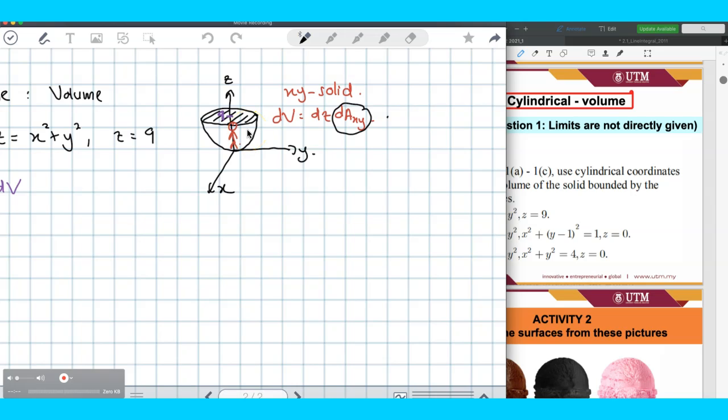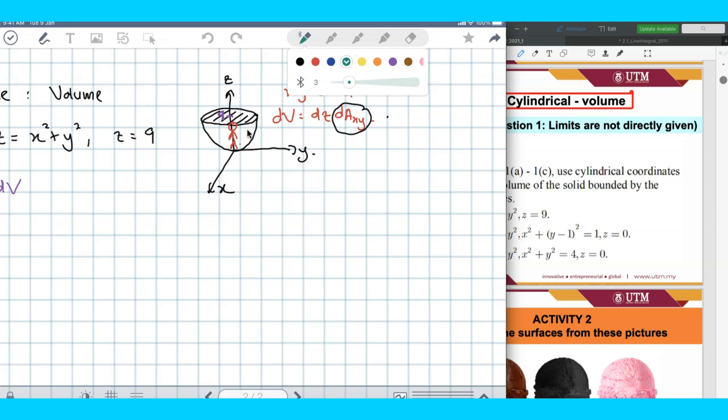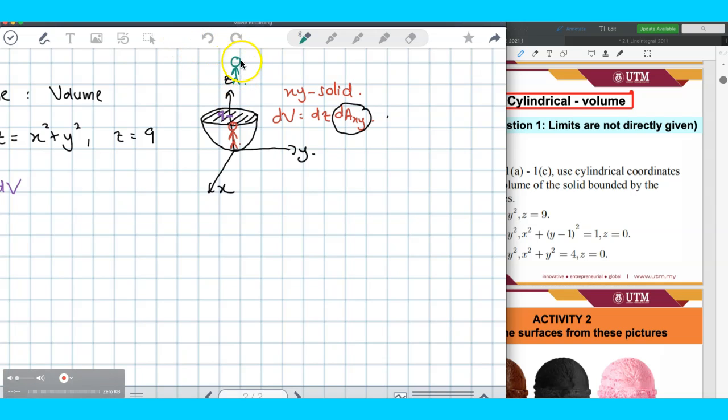But to determine the correct region, you have to assume you are standing outside the solid along the z, because your region should be something that you can see on the xy plane. So you have to take yourself outside, along the z, and look down.